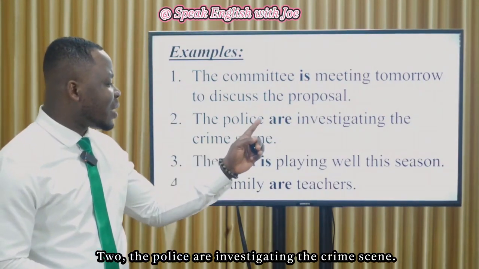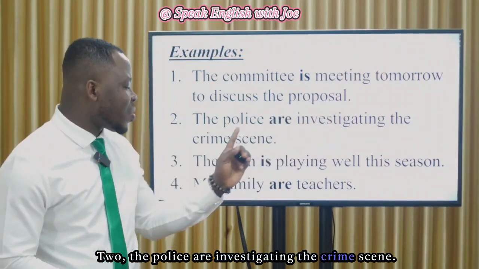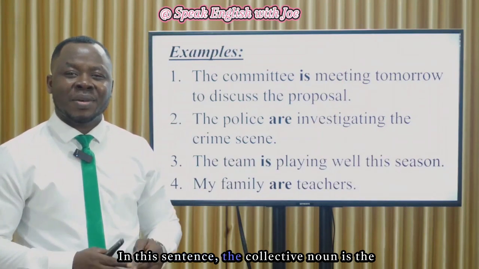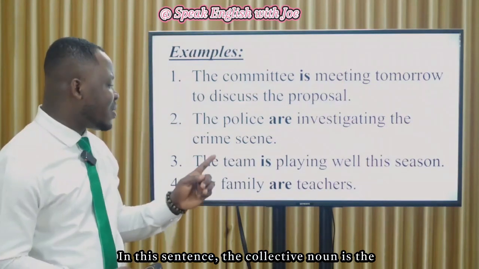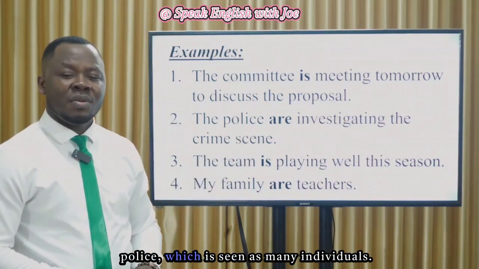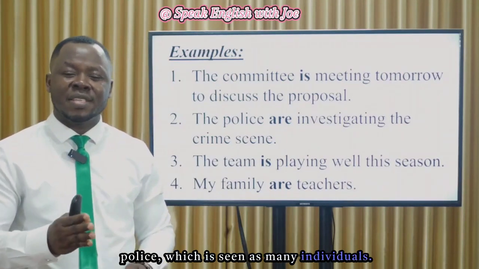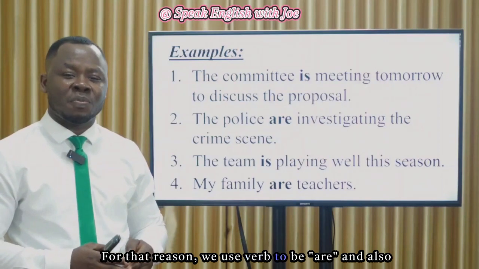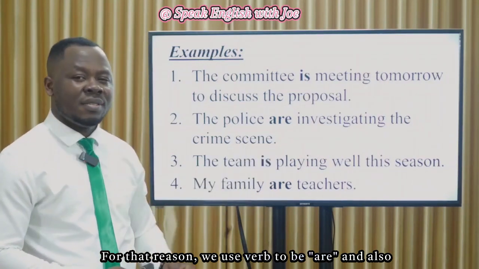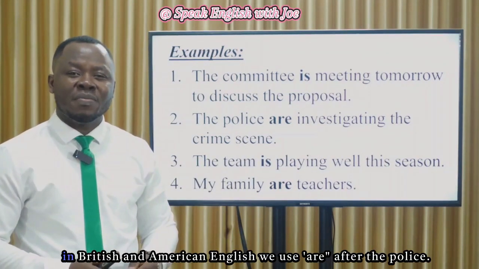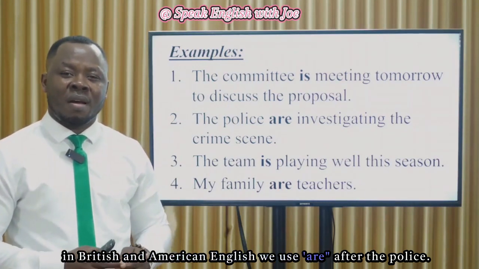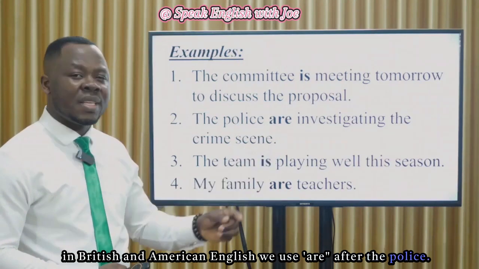The police are investigating the crime scene. In this sentence, the collective noun is the police, which is seen as many individuals. For that reason, we use the verb to be are. And also in British and American English, we use are after the police.